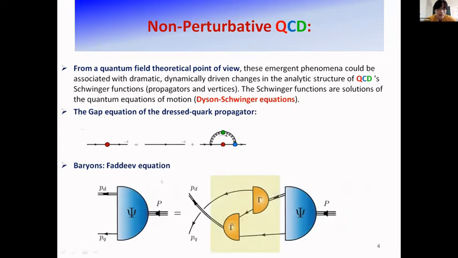Here is the Feynman diagram of the two-body quark-diquark Faddeev equation. Sorry, I need to close the window.